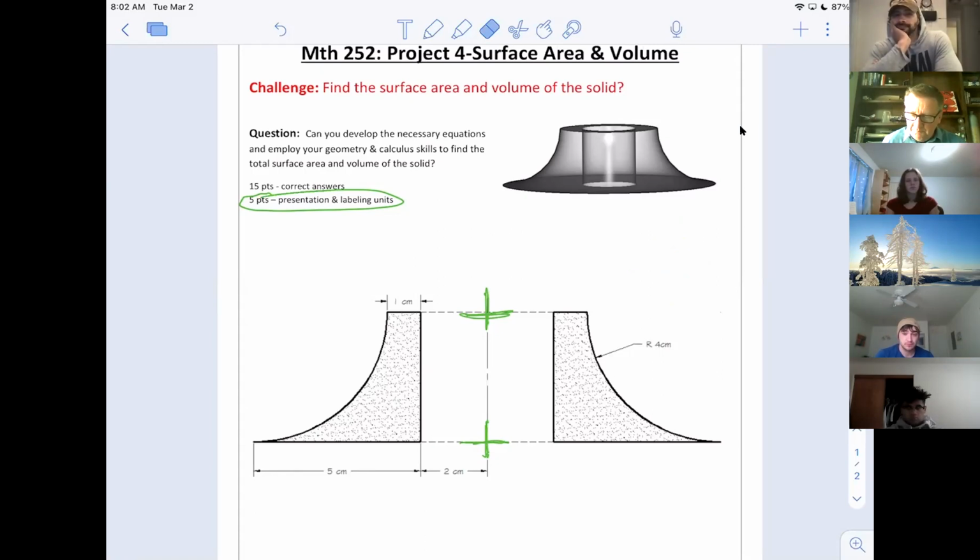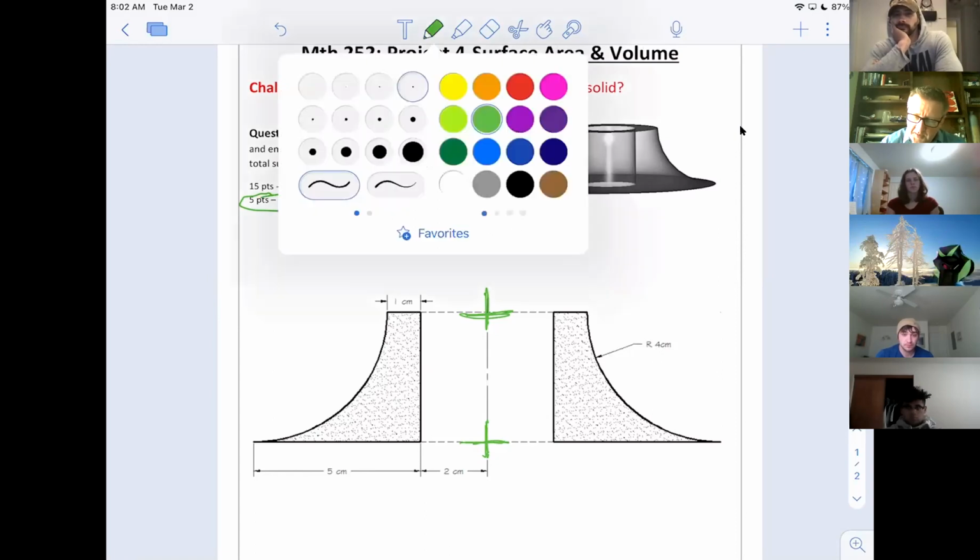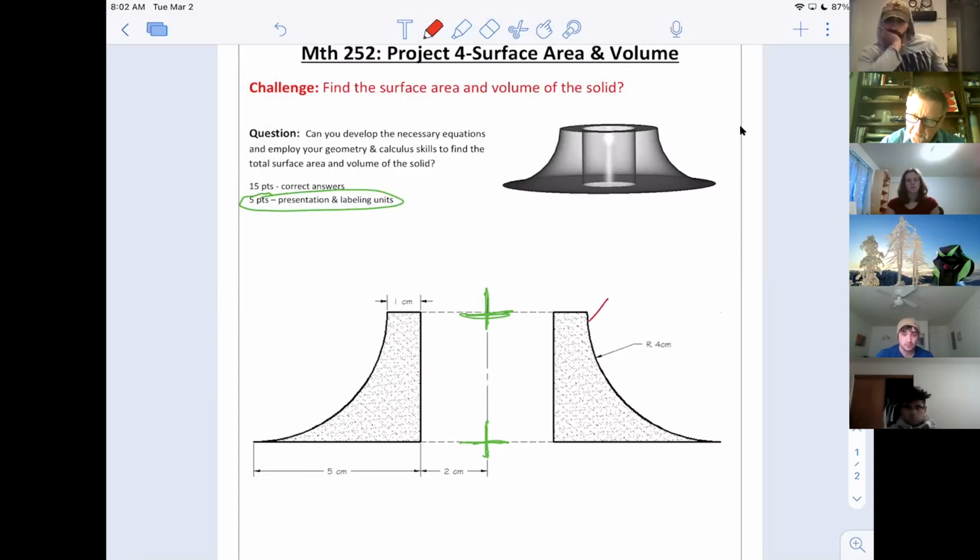So quickly, many of you figured out relatively quickly that this is a circle, which is x squared plus y squared equals the radius squared.